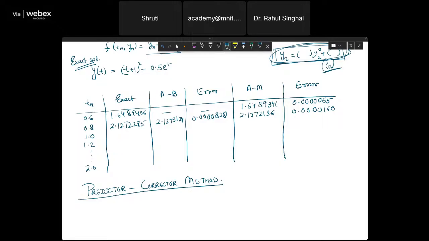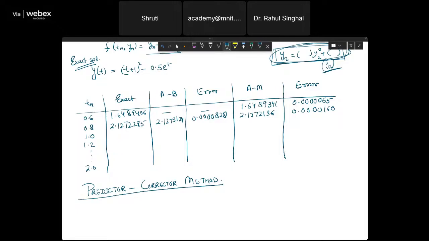So in simple words, in the predictor corrector method, the explicit method is used as the predictor method, while the implicit method is used as the corrector method, because the implicit method will correct the value of the approximate solution at some step, say n plus 1, which we obtained with the help of the predictor method, which is an explicit method, to improve the accuracy.